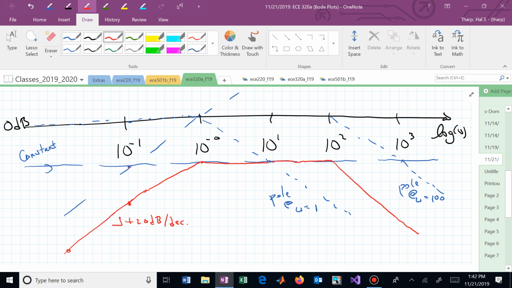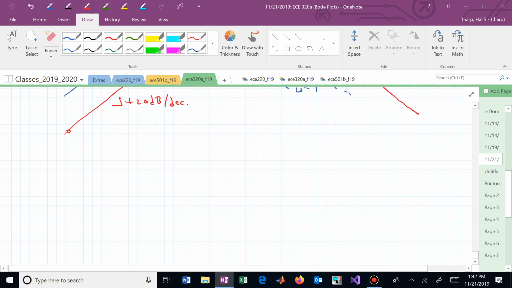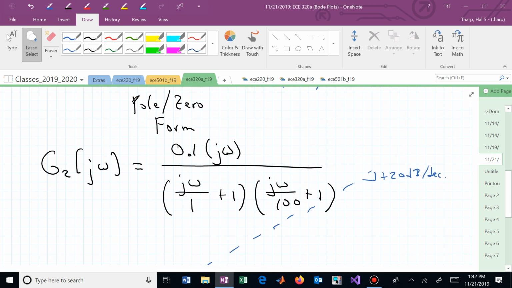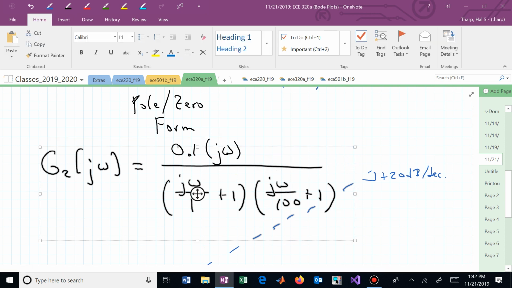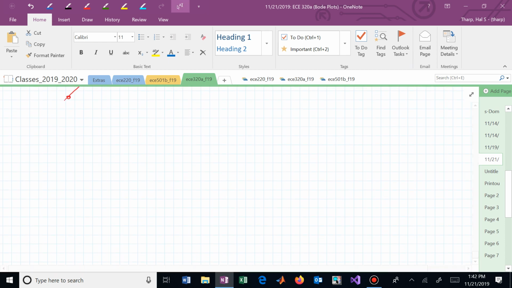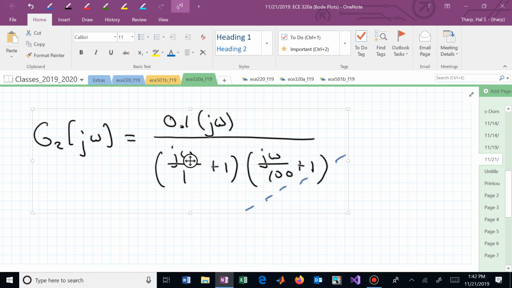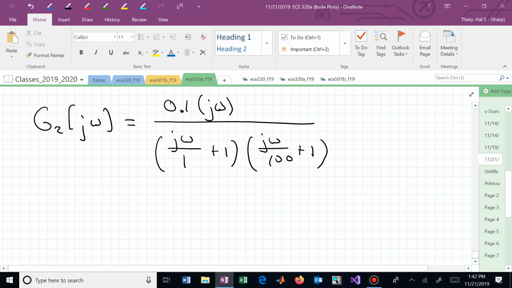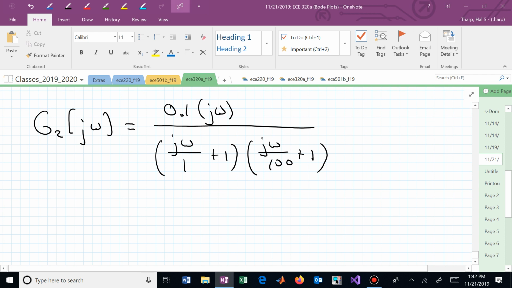What's my phase plot look like? I just need a cheat sheet here. So I have this. And I want to know what's my phase look like.